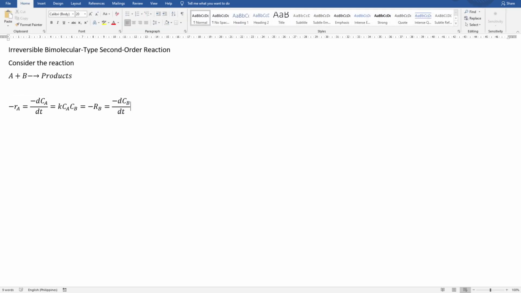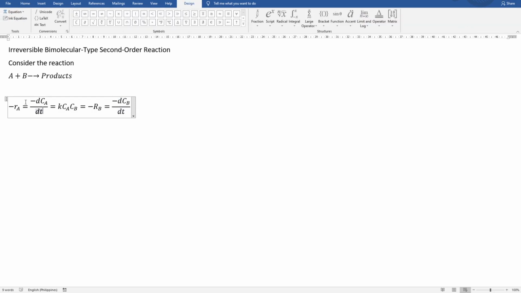Okay, so if you want to find the concentration of B at any time, we will be using this one, dCB over dt. Since again we assume that A is our limiting reactant, we will be using that one.